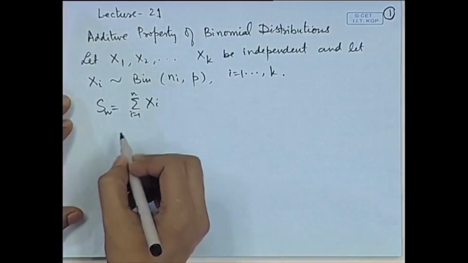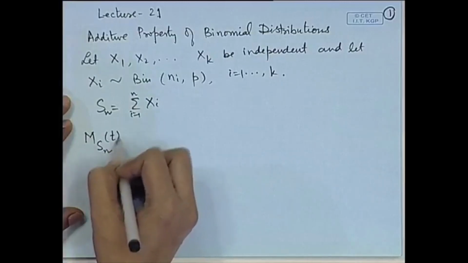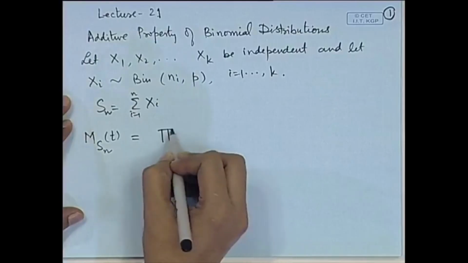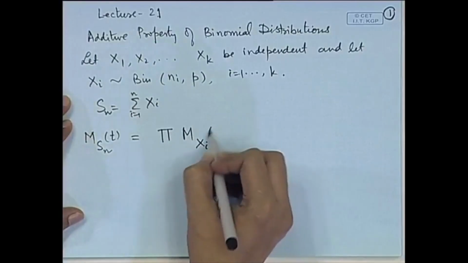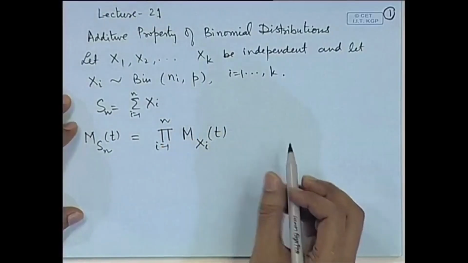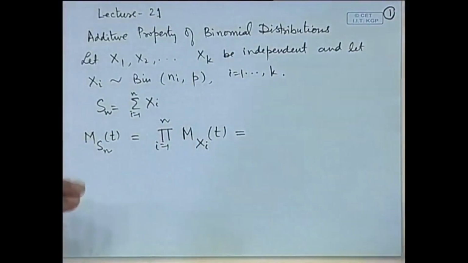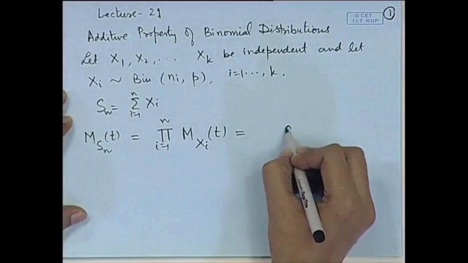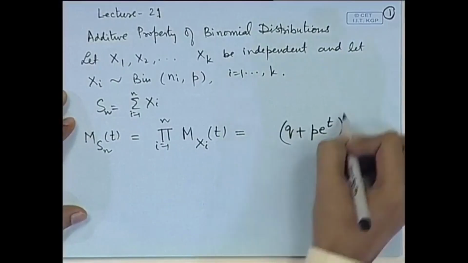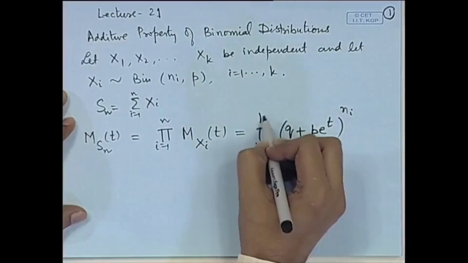If we use the MGF here, the MGF of the sum is equal to the product of the MGFs of the Xi's. Notice that the MGF of Xi is (q + p e^t) to the power ni, and we take the product for i equal to 1 to k.